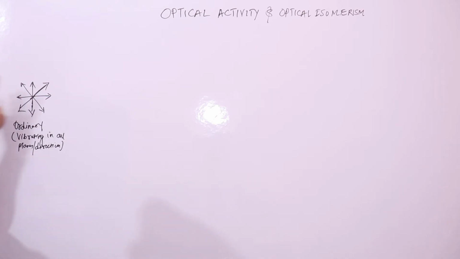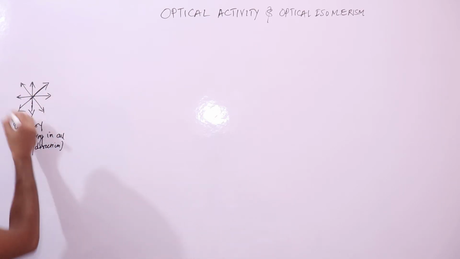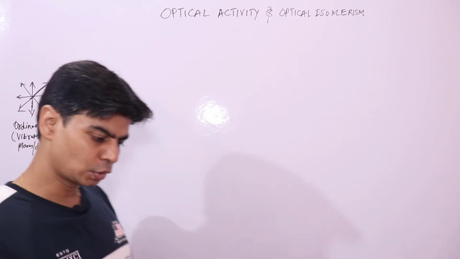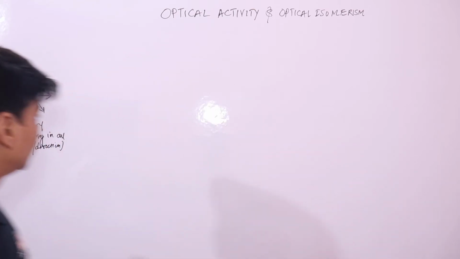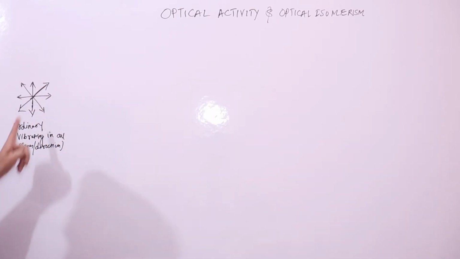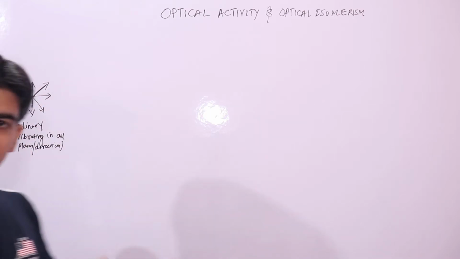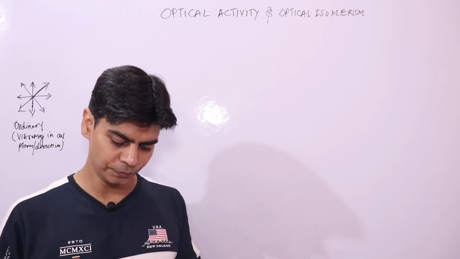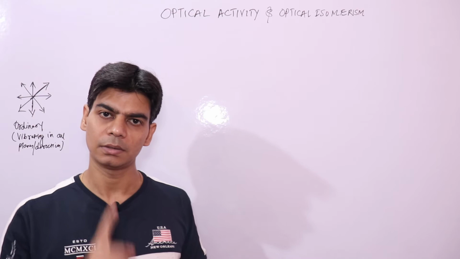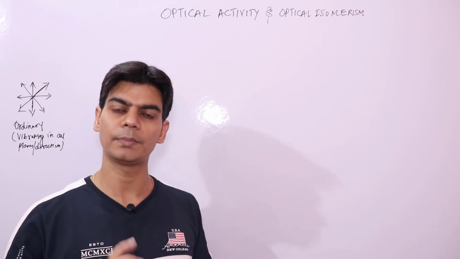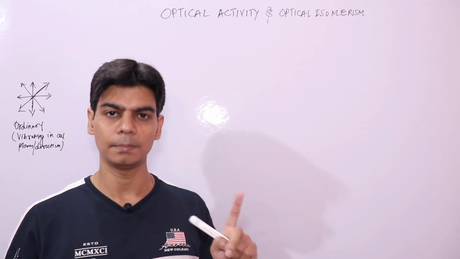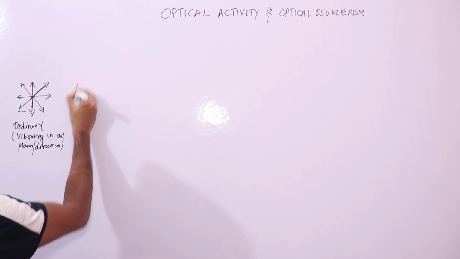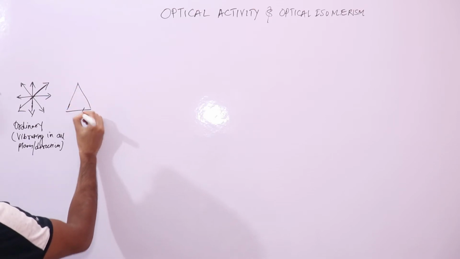Now if I pass ordinary light through a Nicol prism, all vibrations would be cut off except one vibration. The light coming out of the Nicol prism would be vibrating in one particular direction, in one plane. Suppose this is your Nicol prism.